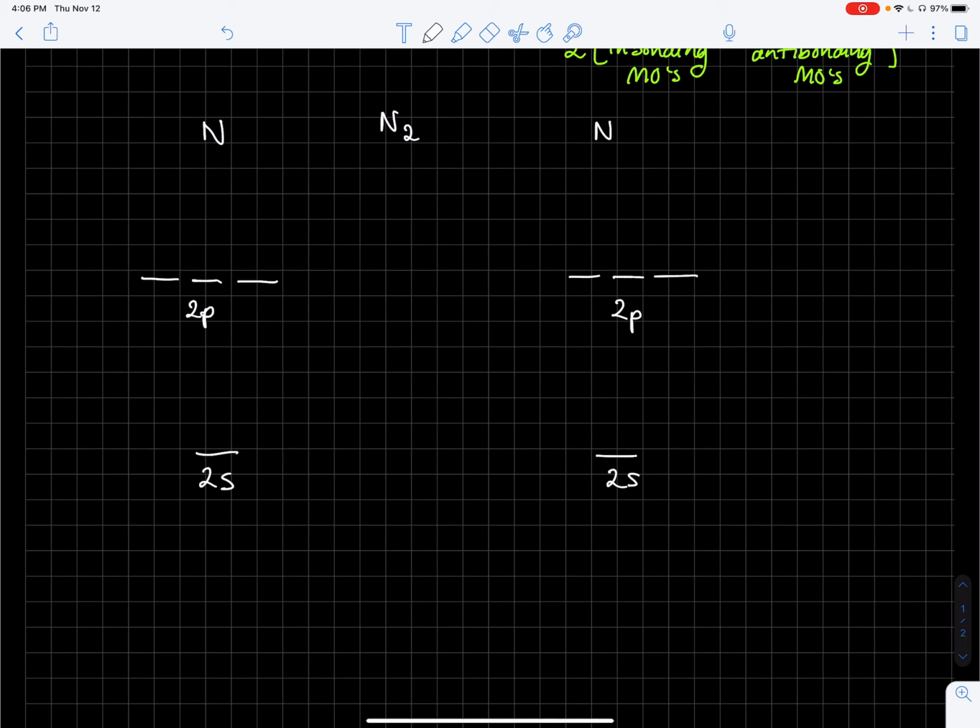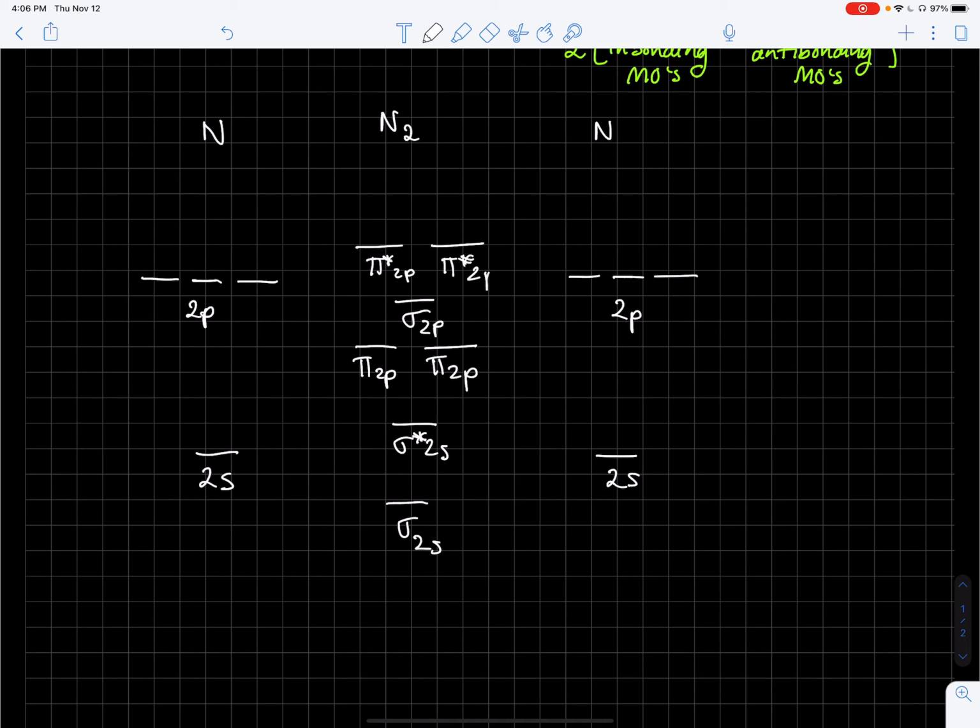And the molecular orbitals for N2 that are built in the middle, we have the sigma 2s, sigma star antibonding 2s. And then for nitrogen, the lowest energy 2p orbitals are the bonding pi 2p. And then we have the sigma 2p. And then we have the pi star 2p, two of them, and we have the sigma star 2p. I'm not going to draw the lines connecting them here because that just gets a little confusing.